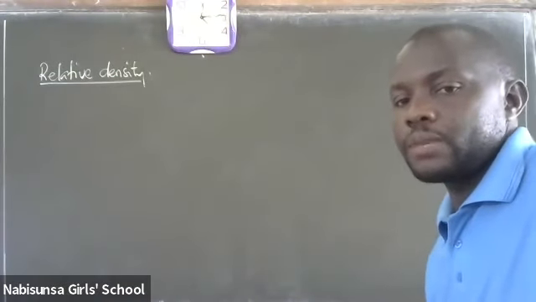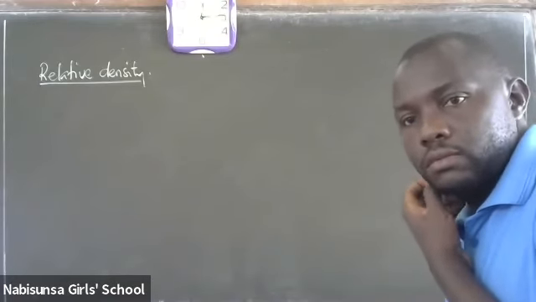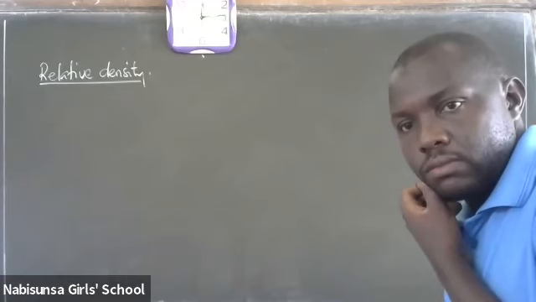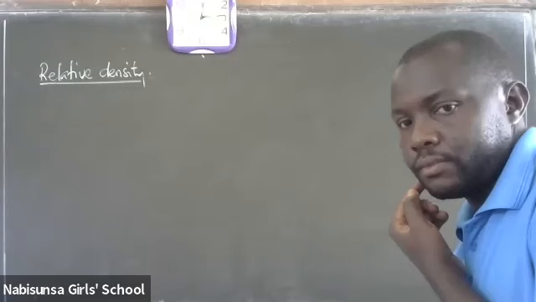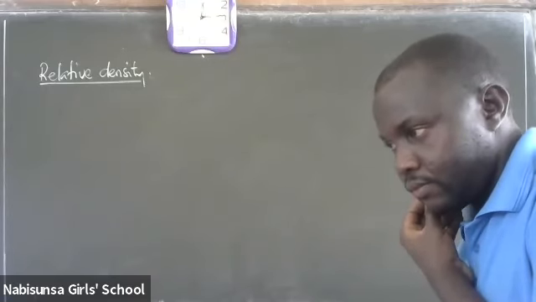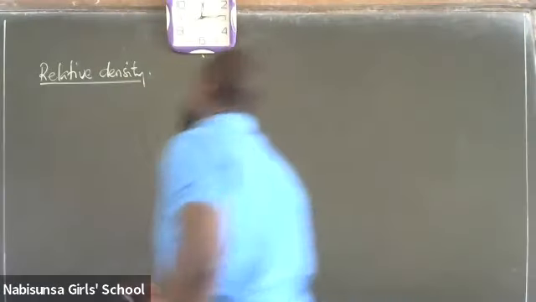This curriculum, we are supposed to build on what you have. Yes, Elisha? Relative density is the ratio of the mass of a substance to the mass of an equal volume of water. Okay, that's one definition.